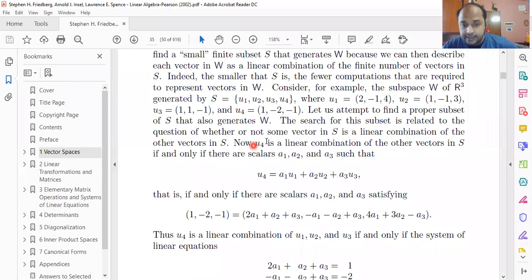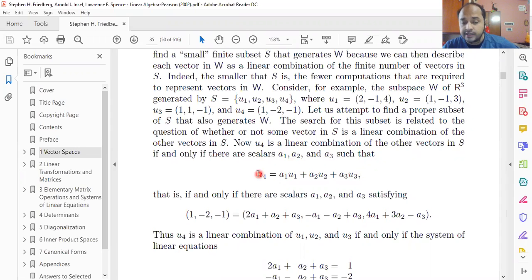They have said that the vector U4 is a linear combination of the other vectors in S if and only if, and they want to check this, they have arbitrarily selected this vector U4, and they want to check whether it can be expressed as a linear combination of the remaining 3 vectors, U1, U2, and U3, just like we did in the previous class. So they have selected scalar quantities A1, A2, A3, and they try to express the vector U4 in terms of U1, U2, U3.